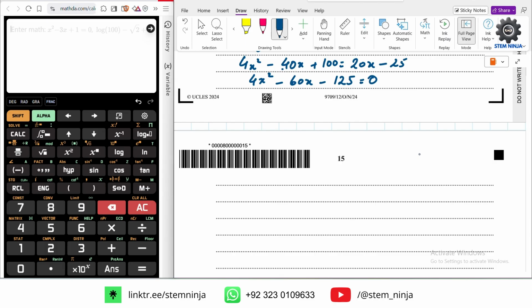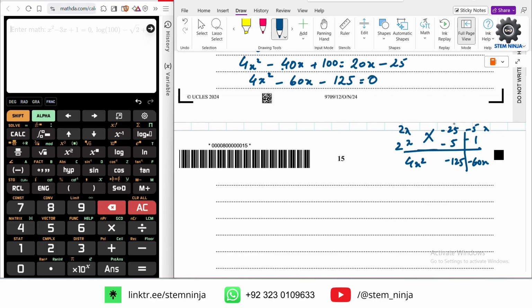Now we need, so 4x squared minus 125 minus 60x, so this is 25 times 5. Yeah, so 50x, 10x, if they're both, no. Only one of them has to be negative.